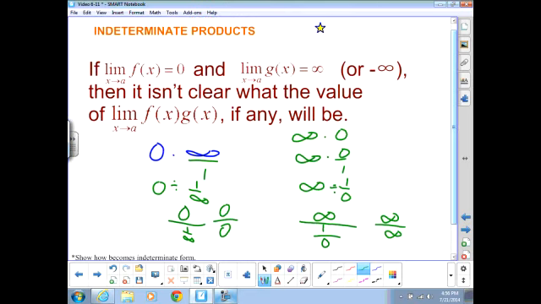Okay, just so you can see an example of that. If you had the limit as x approaches 0 from the right of, say, x squared, which would be a 0, times natural log of x.